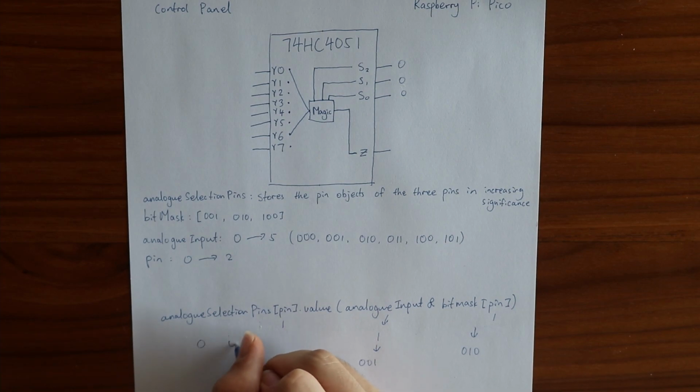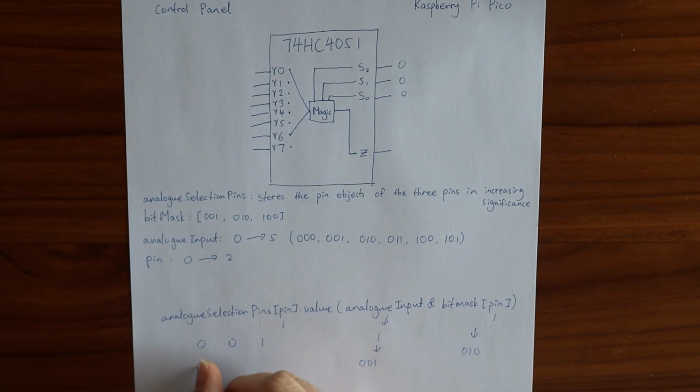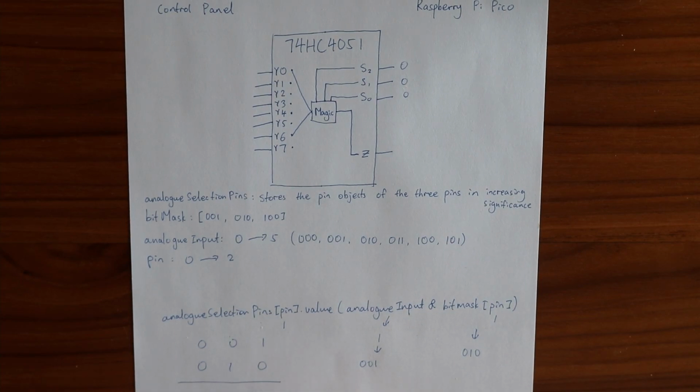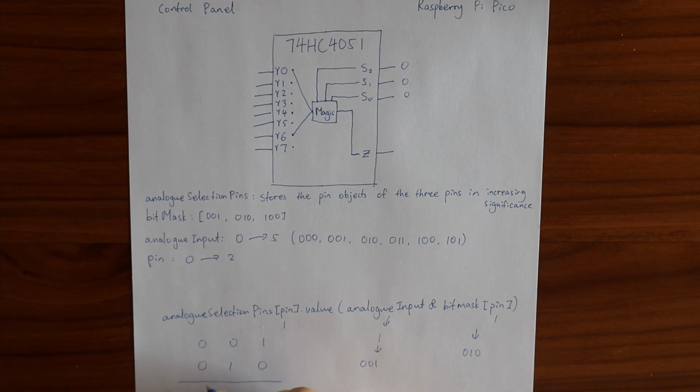So 0, 0, 1 ANDed with 0, 1, 0 is some other 3-bit binary number. You can see immediately the purpose of the bitmask is that any digit that's not the digit you're trying to reference immediately becomes a 0. Because only the digit that matters is set to a 1, and anything ANDed with a 0 becomes a 0. So these automatically become a 0.